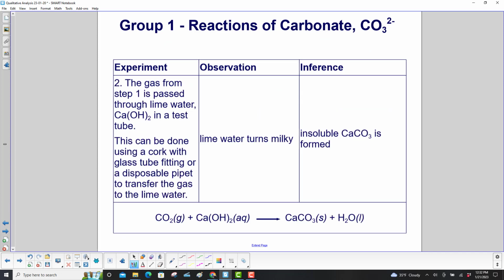The gas from Step 1 is passed through lime water, calcium hydroxide, in a test tube. This can be done using a cork with a glass tube fitting or a disposable pipette to transfer the gas to the lime water. Observation: lime water turns milky. Inference: insoluble calcium carbonate is formed. And here's the equation for that one.